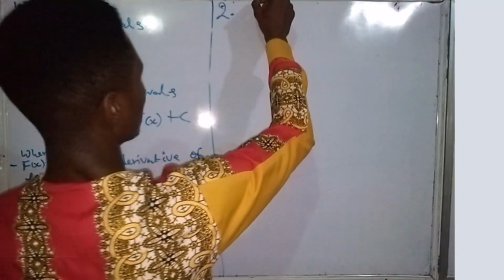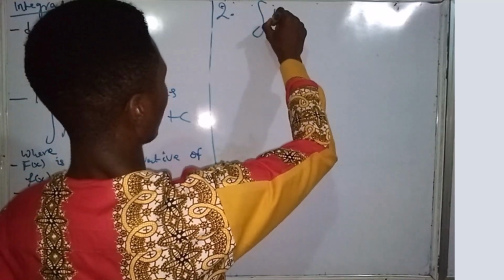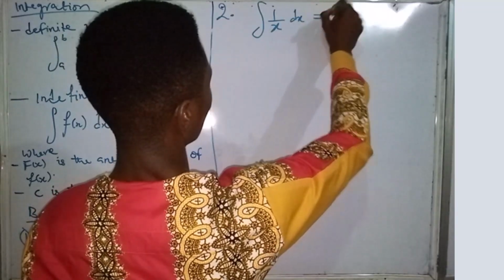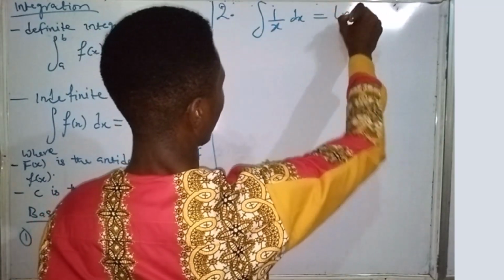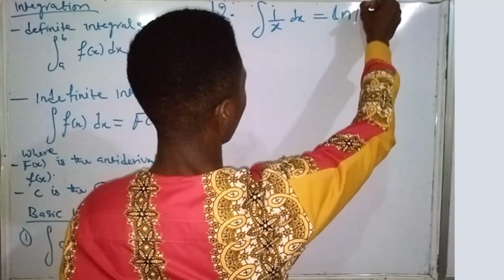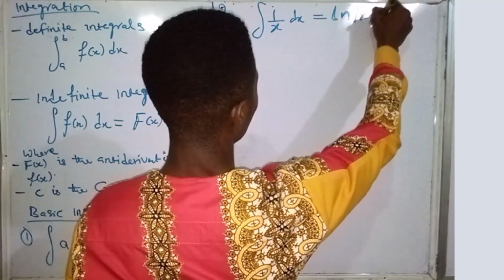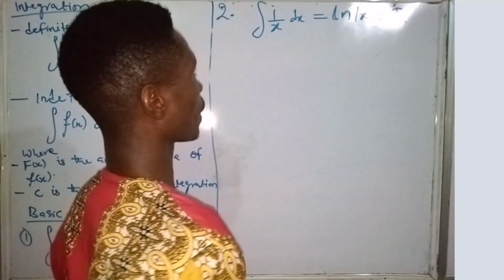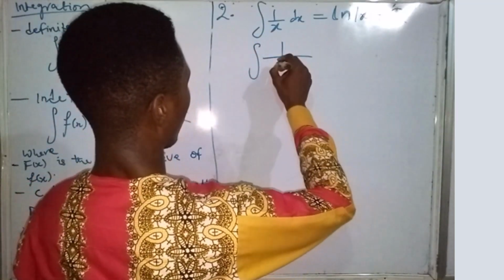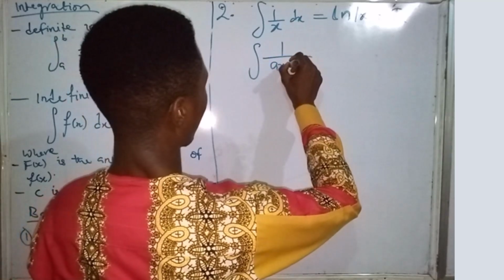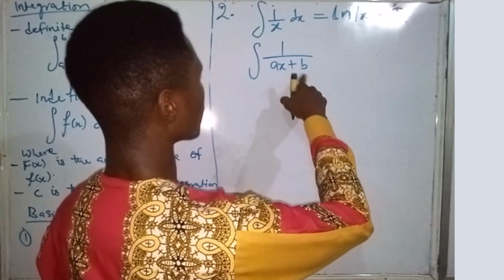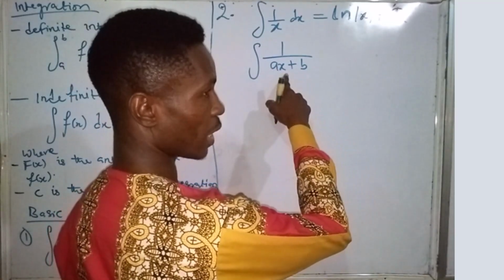Rule number 2 says the integral of a reciprocal function dx should be equal to the natural log, the absolute value of the function, plus c. And you can also have it in the form of the integral of 1 over ax plus b, where a and b are constants, and a here is the coefficient of x, the variable.